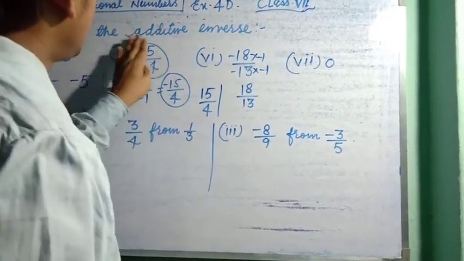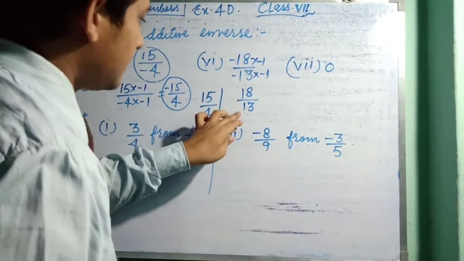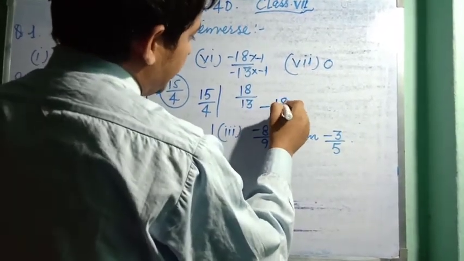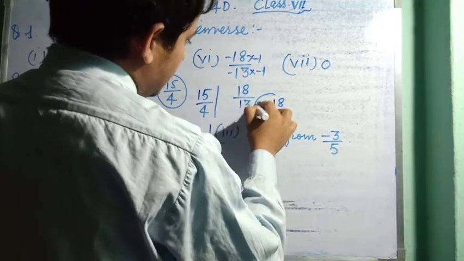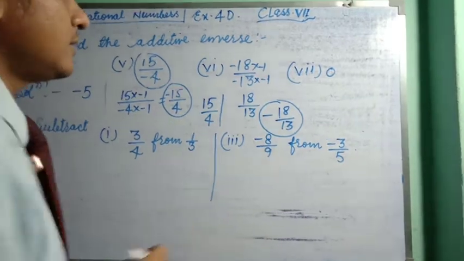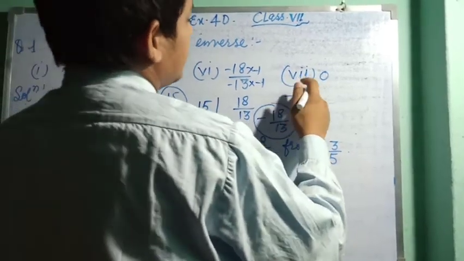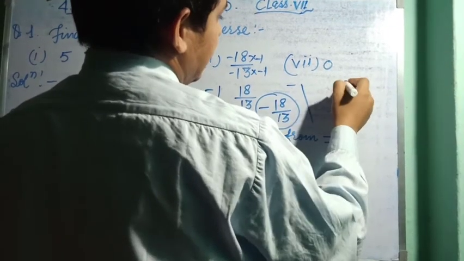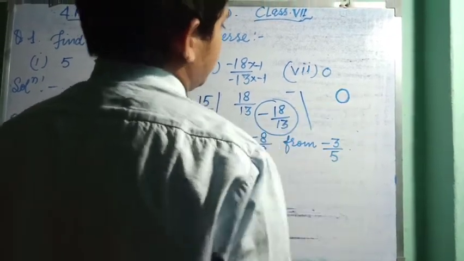Now we have to find the additive inverse of 18 by 13. Now multiply the negative sign by 18 by 13. That means minus 18 by 13 is the additive inverse. Okay, now next, the additive inverse of 0 is 0.